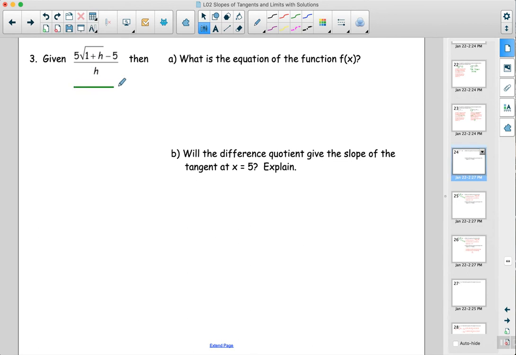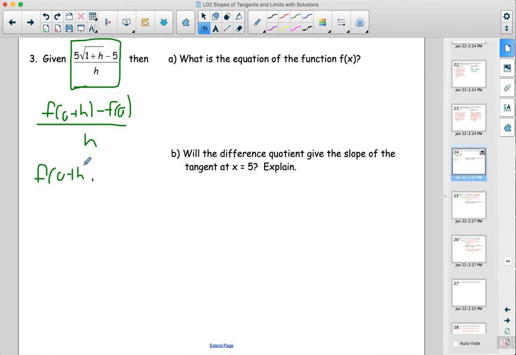I'm going to let you know this is a difference quotient. Given that particular difference quotient, can you tell me what the equation was? And remember, it's f at a plus h minus f at a all over h. So f at a plus h must be 5 times the square root of 1 plus h.